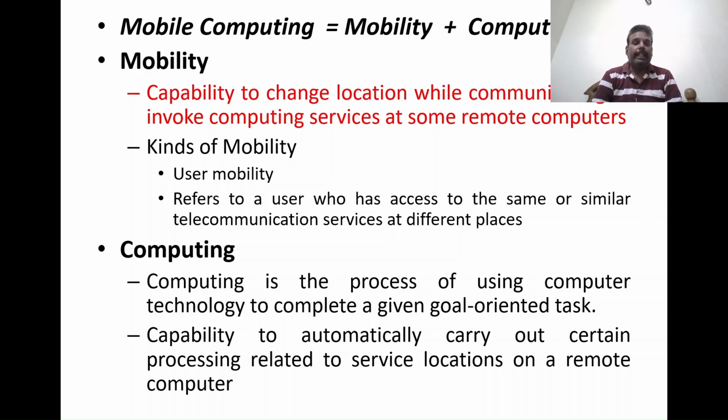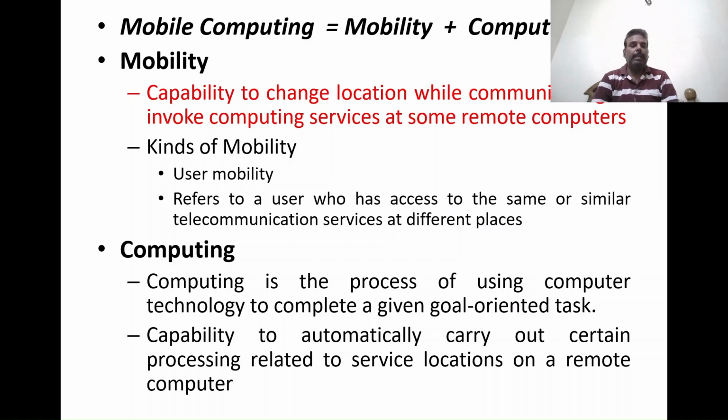We have one category, that is mobility networks. So when we communicate from one place to another, we are able to carry out our transactions while moving, even to remote locations. When we want to retrieve some data, we can go with mobile computing.